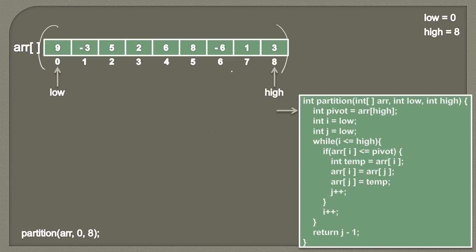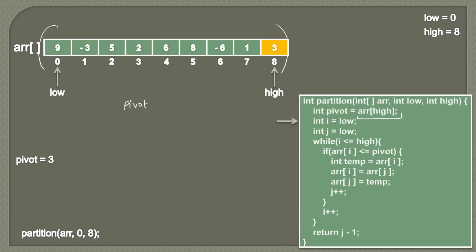When we partition the array, the first thing we need is the pivot. We can select the pivot as the first element, last element, or any random element in this array. Here we will choose the last element as our pivot. So the array value at the high index, which is the 8th index, gives us our pivot. The pivot is 3, the value at array of high.